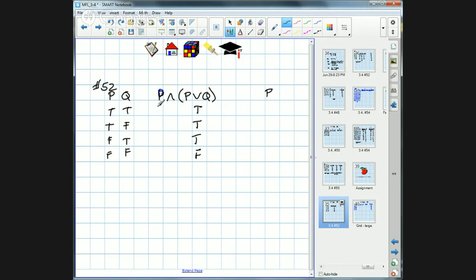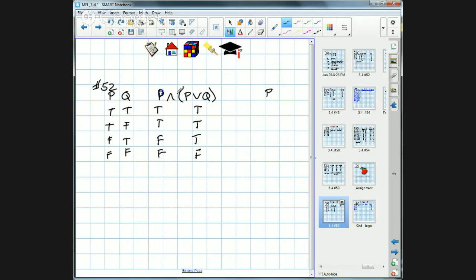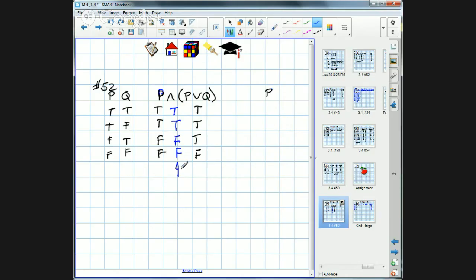I'll copy the P down. TTFF. And now you have to combine those two with an AND. Only true when both are true. So it'd be the first two are true. False, false. So there's the answer to the first part. And what's P? Well, that's just TTFF.